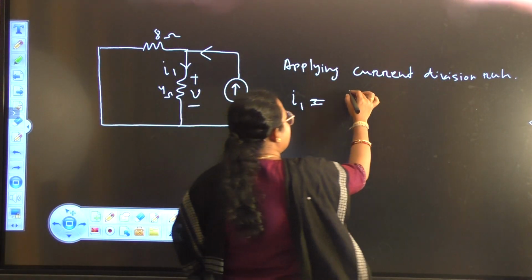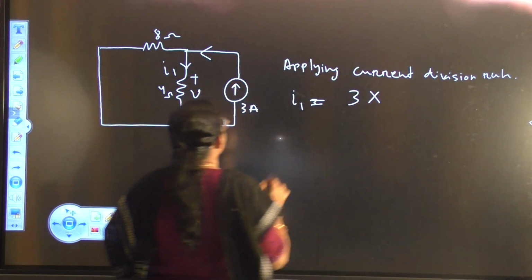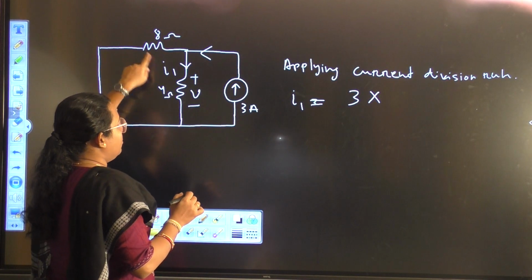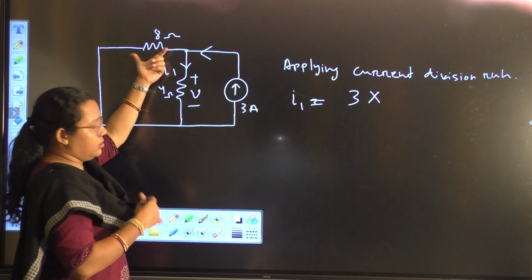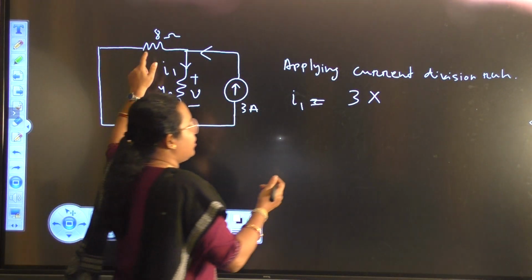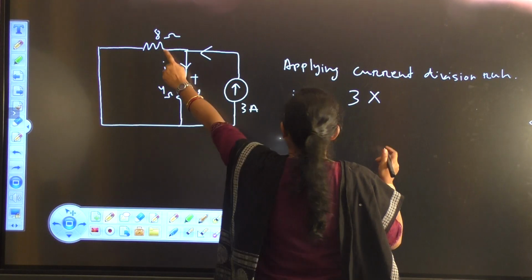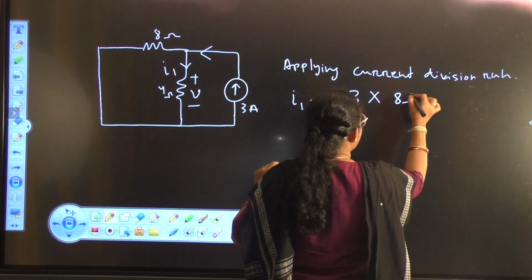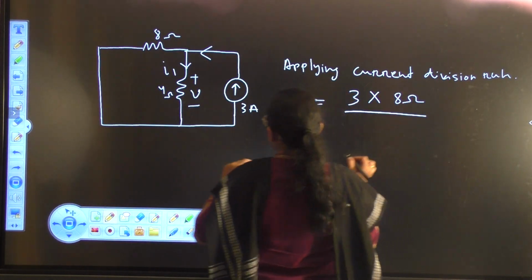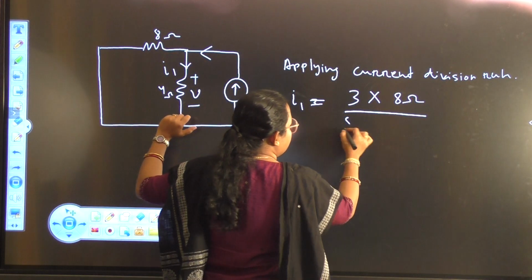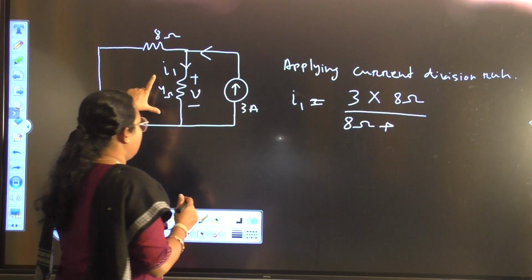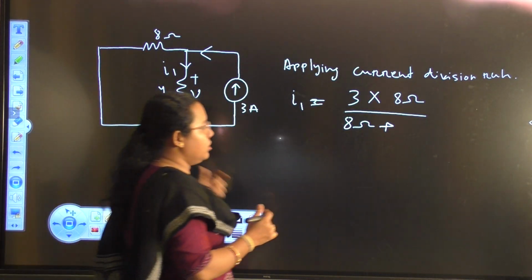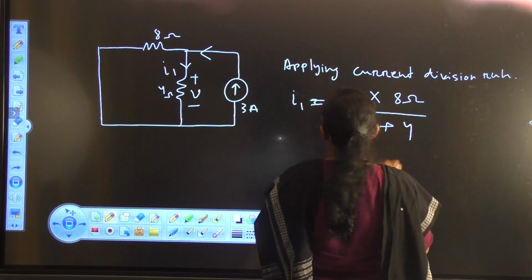So I can write 3 ampere into, these 2 resistors are connected in parallel. So for this resistor, this one is the other resistance. So I can write main current into the other equivalent resistance, divided by the other equivalent resistance plus the resistance through which I want to find the current, which is 4 ohm.